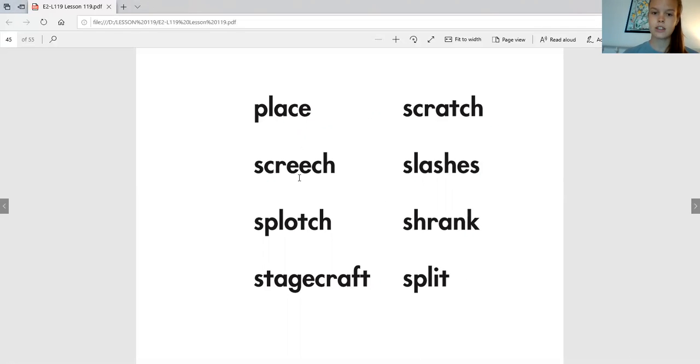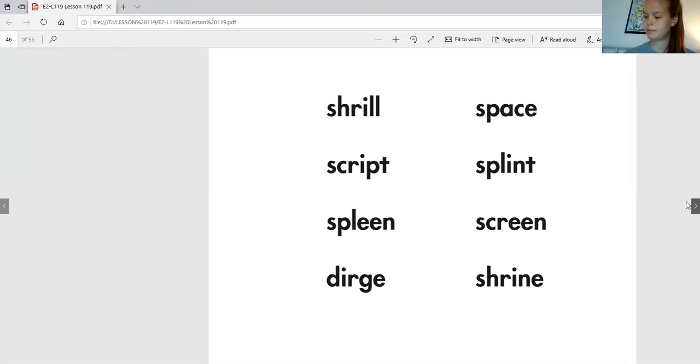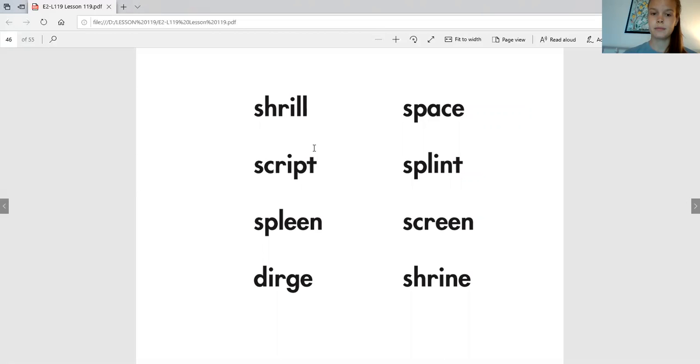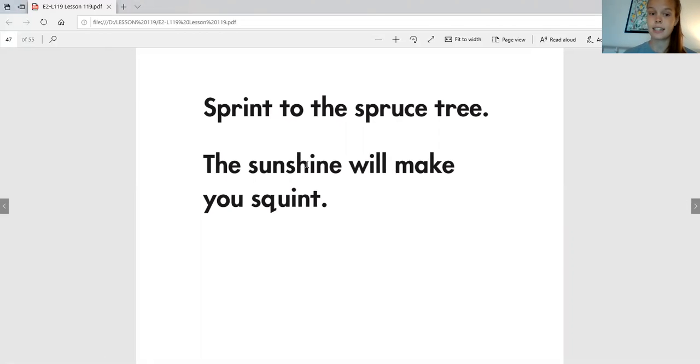Place, screech, splotch, stagecraft, the compound word, scratch, slashes, shrank, split, shrill, script, spleen, dirge, space, splint, screen, shrine. Good.